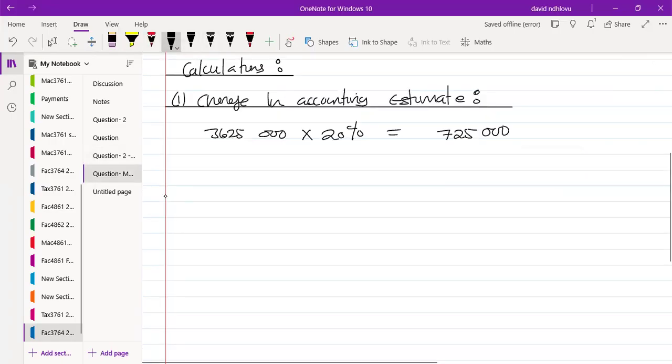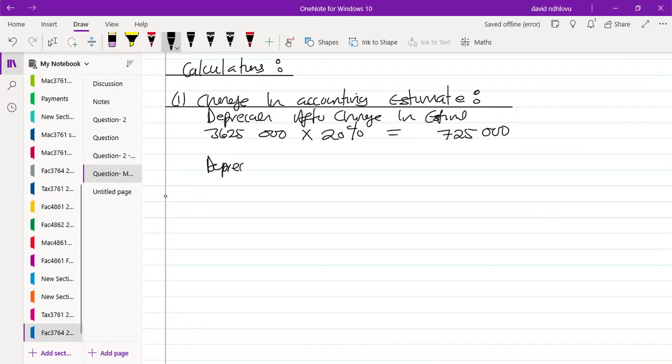So this is our depreciation after the change in estimate. What was the depreciation amount before the change in estimate?